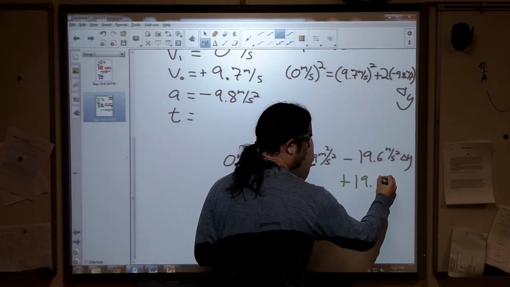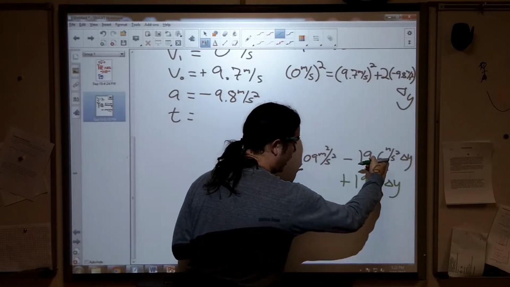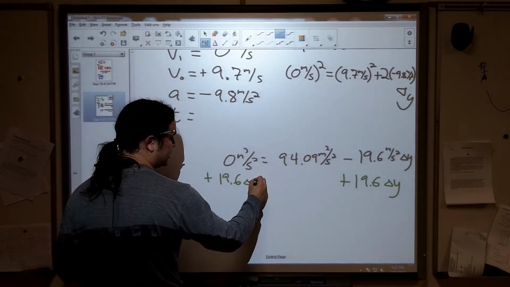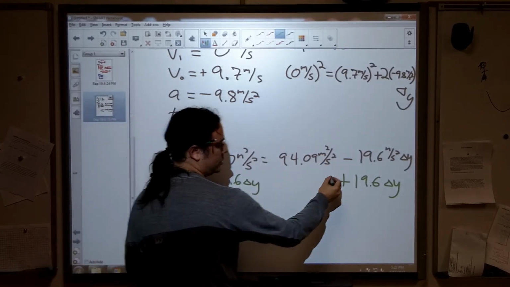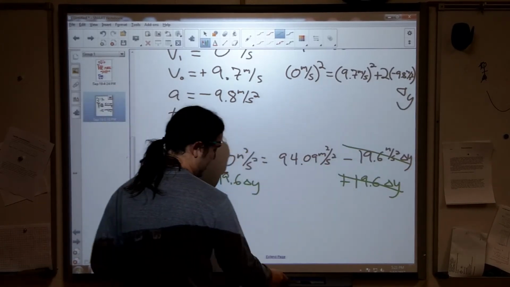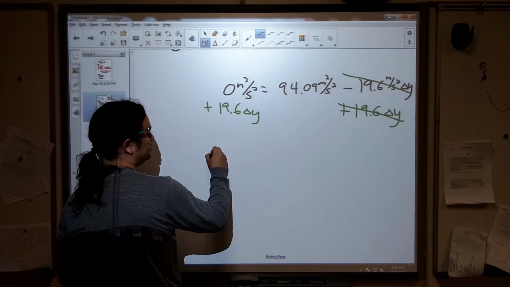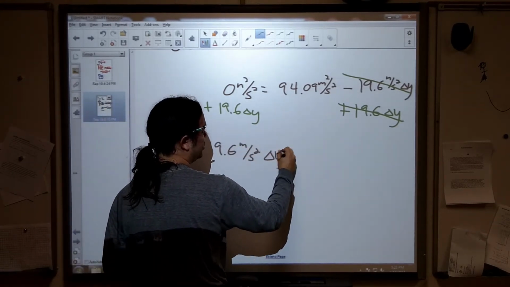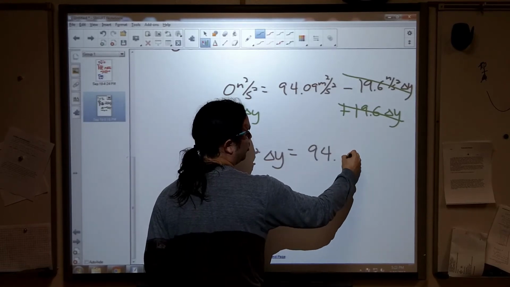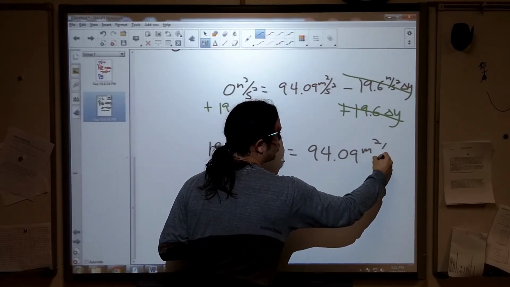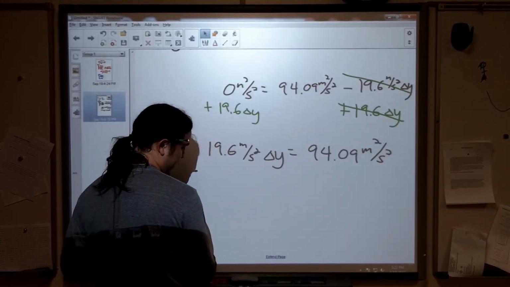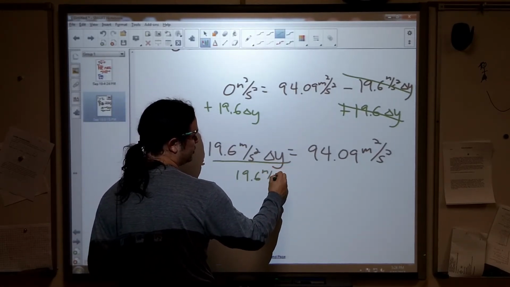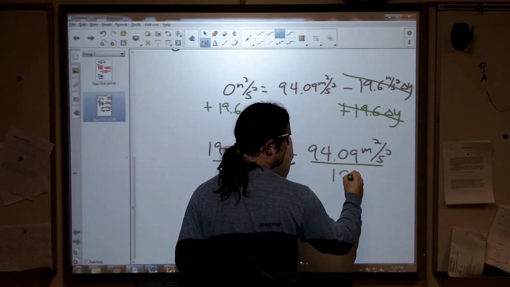I add 19.6 delta y. Whatever I do to one side, I do to the other. That cancels out, and we get 19.6 meters per second squared times delta y equals 94.09 meters squared per second squared. Last step, we want to get delta y by itself, so divide by 19.6 meters per second squared.